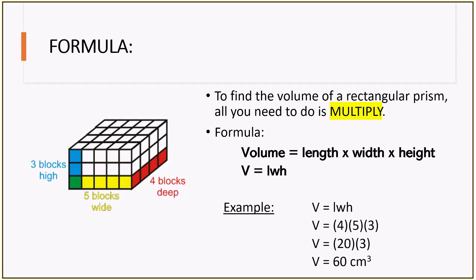It doesn't really say over here what the units are, so that should probably just say 60 units cubed, or we can pretend these are 1 centimeter cubes. Then our units are centimeters, so we would say 60 centimeters cubed.